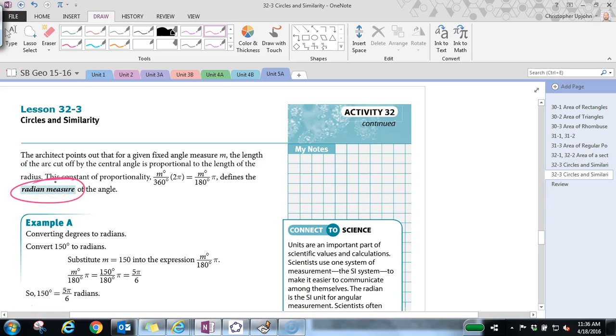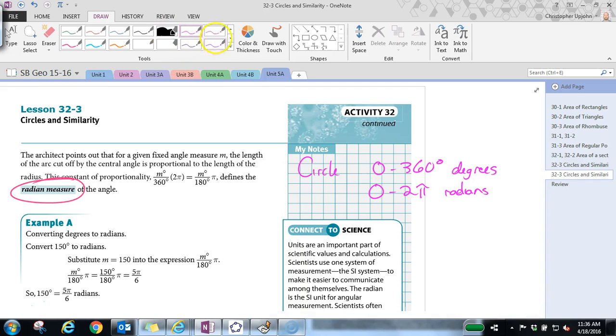Radian measure. So a circle in degrees is 0 to 360, while in radians it's 0 to 2 pi. To convert it is a very simple, straightforward formula.